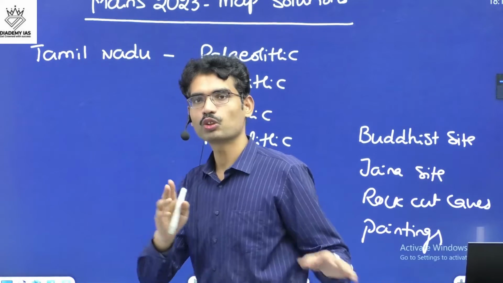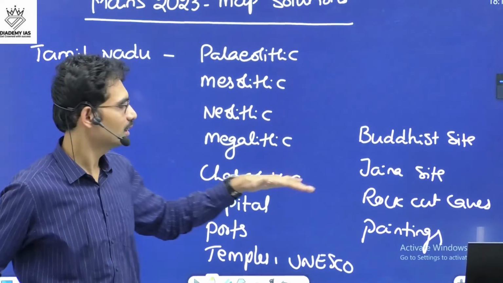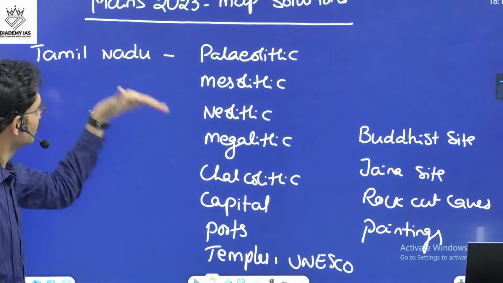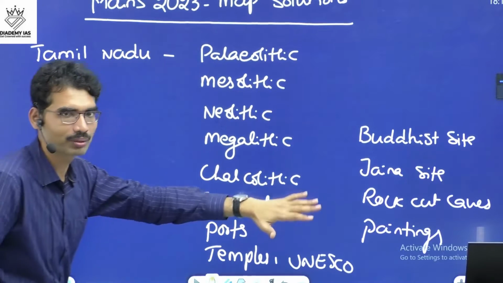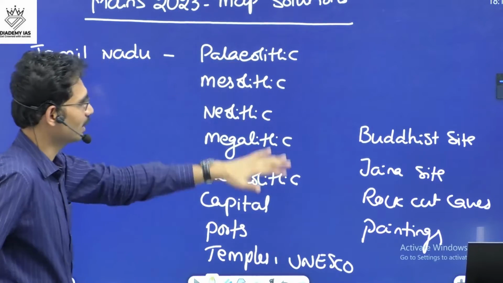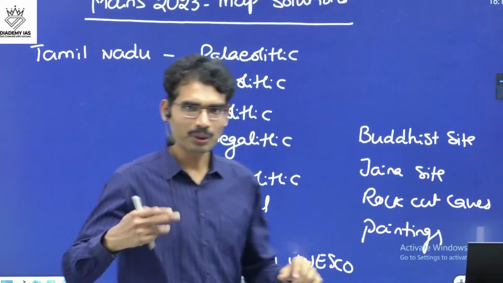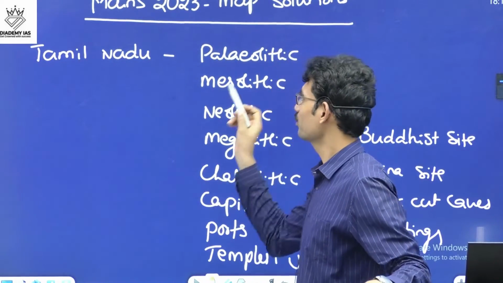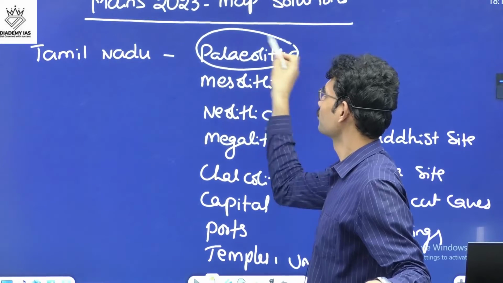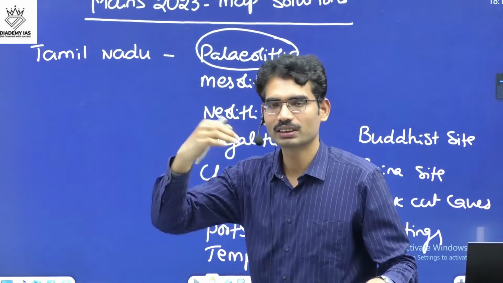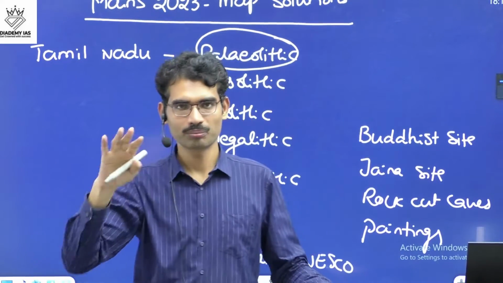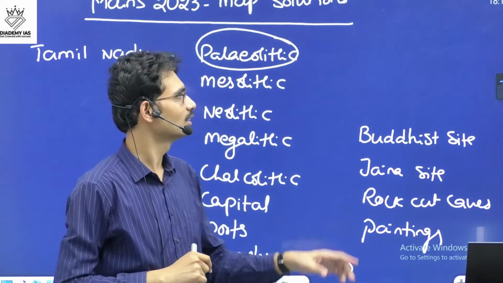While you are preparing, you prepare this way, state by state. You take Tamil Nadu, you prepare all of them, one go, done. Andhra Pradesh, one go, done. Kerala, likewise. While you are preparing for the first time, you go for Paleolithic, important sites in different parts of the Indian subcontinent.